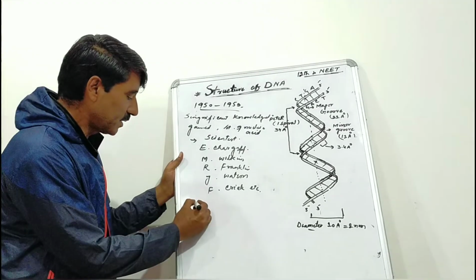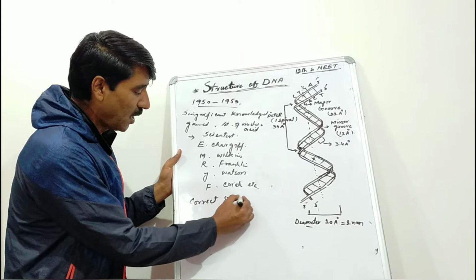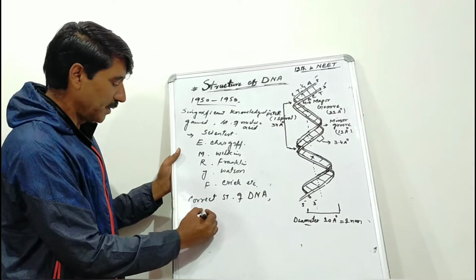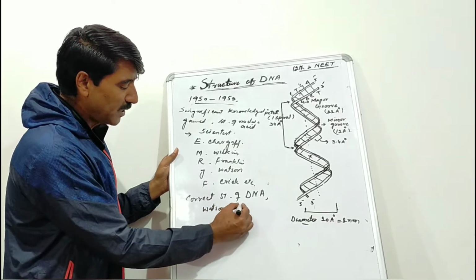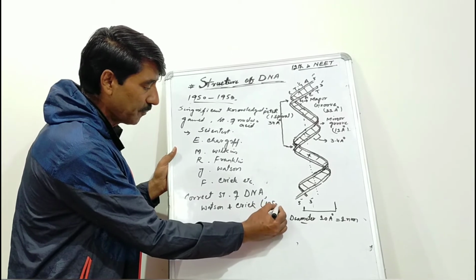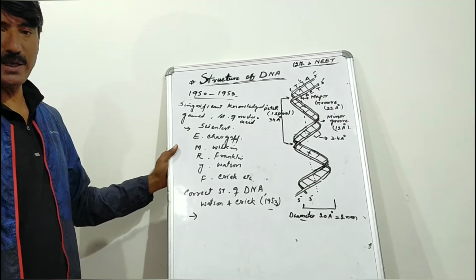But the correct structure of DNA was given by Watson and Crick in 1953. They proposed a model for the structure of DNA.